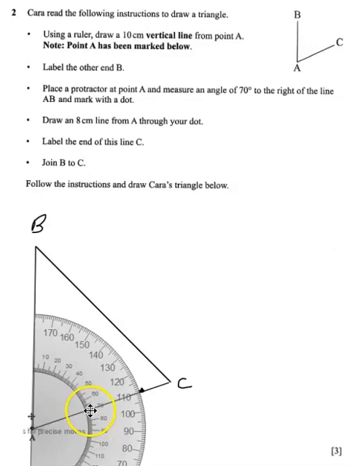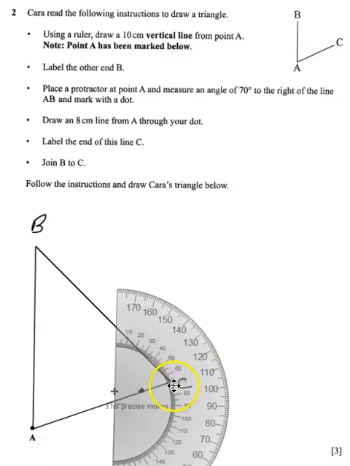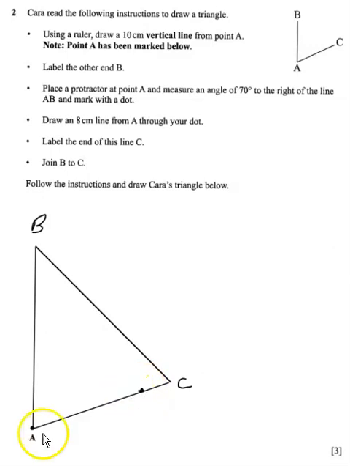Once you've got 70 degrees there, you can mark a point and draw a line which is 8 centimetres long. And all you do is connect those two lines up. So it just says join B to C. So basically it's just drawing a triangle from this question.